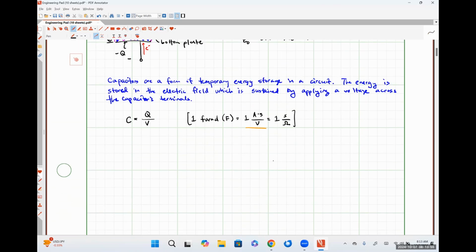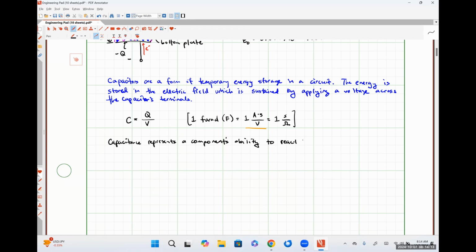So capacitance represents a component's ability to react to a changing electric field.